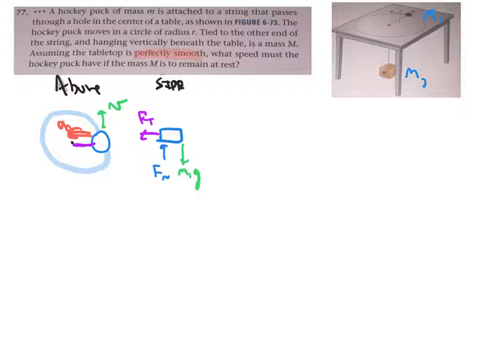And as said before, there is an acceleration towards the center, which at this moment looks like that. And then we have mass 2, who is way easier. There is just its own weight pulling it down, and the tension holding it up.